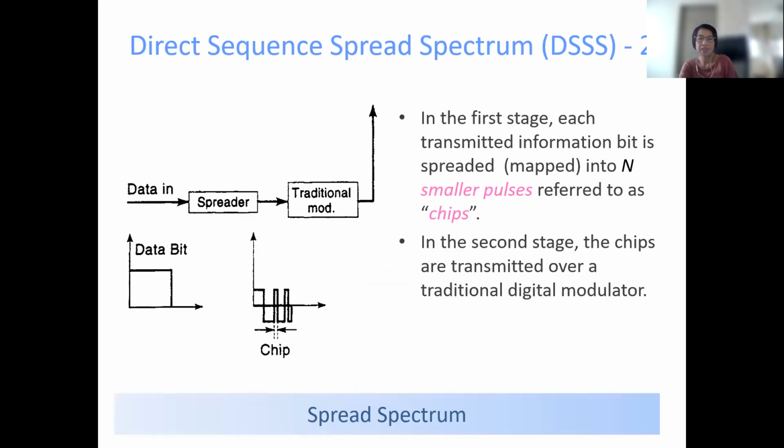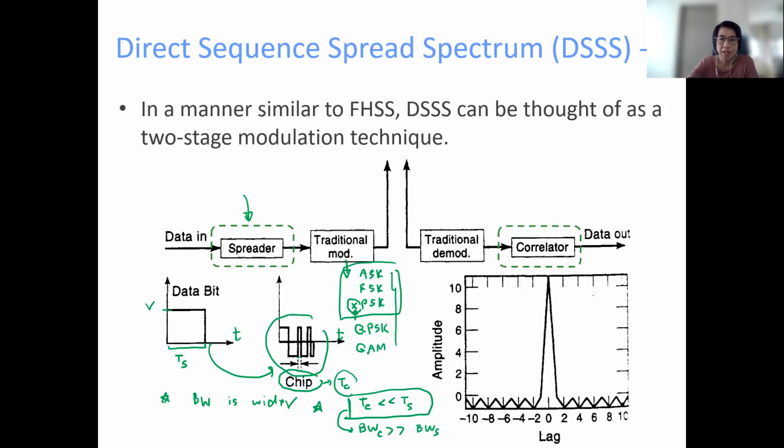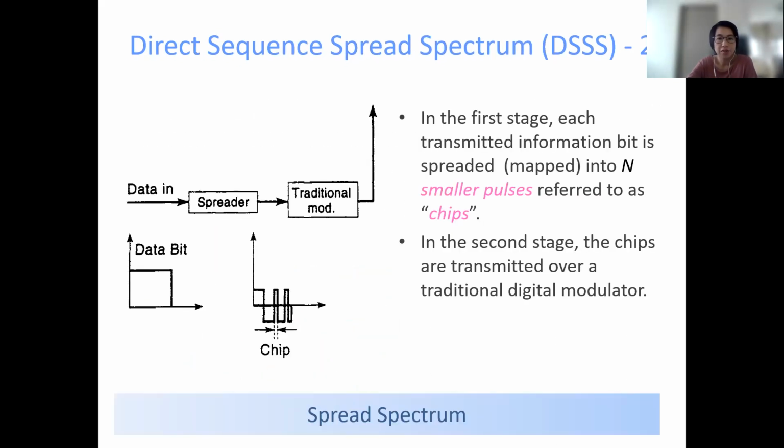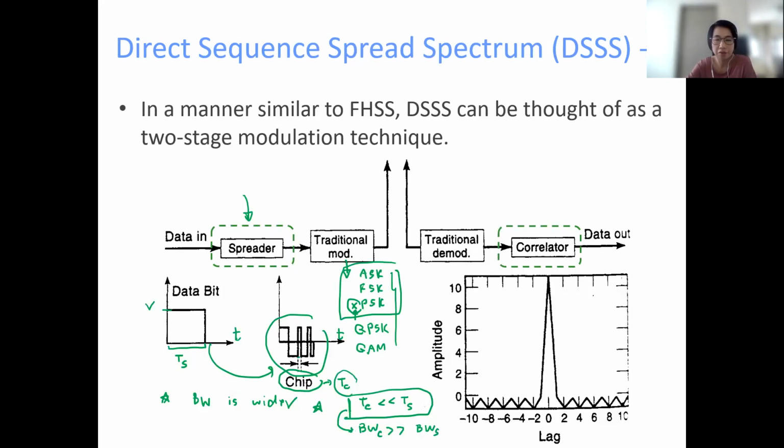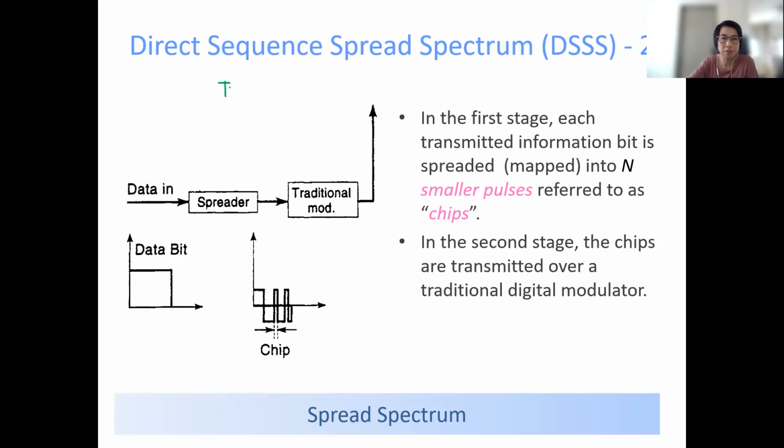No? Okay, let's see for each side of transmission. This is the transmitter side, just a duplicate figure here, focusing on the transmitter part. In the first stage, each transmitted information bit is spread or mapped into n smaller pulses, and these smaller pulses are called chips.